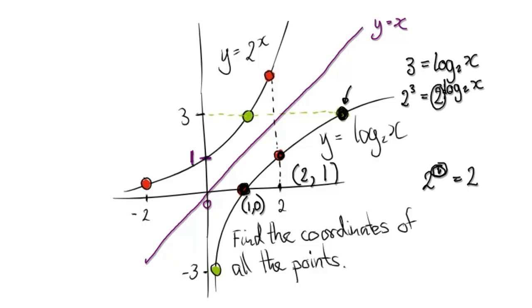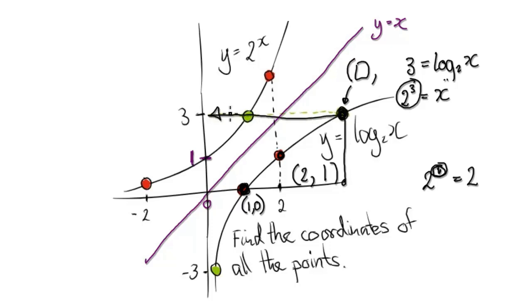In a way, these two cancel each other out, leaving you with x. So really, this is the number 8. So the coordinates here will be something comma 3, and it turns out to be 8 across.